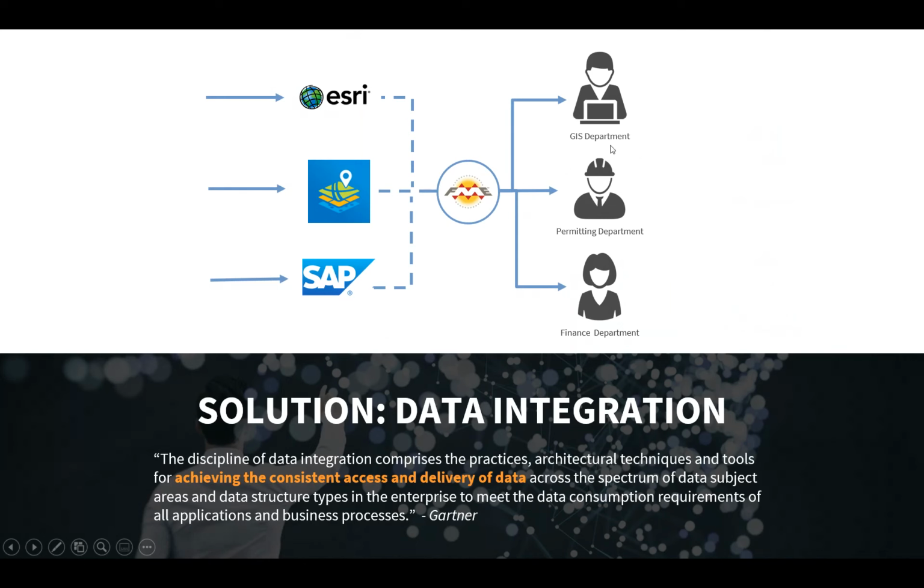So the GIS department, permitting, finance, for example, may all have access to the same data. A quote, I won't read the whole quote there, but the main objective of FME and what FME does well is to help achieve the consistent access and delivery of data. So making sure everybody who needs it gets access to it and in the way that they want.